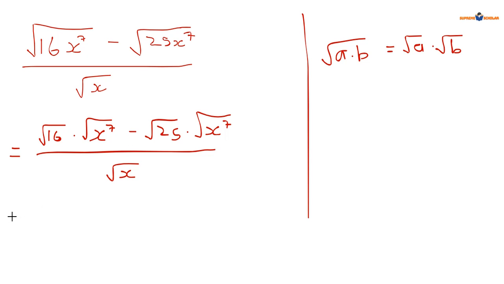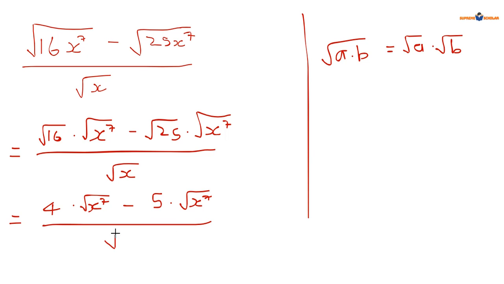Now we have the square root of 16, which is 4, multiplied by the square root of x to the power of 7, minus the square root of 25, which is 5, multiplied by the square root of x to the power of 7, all over the square root of x.